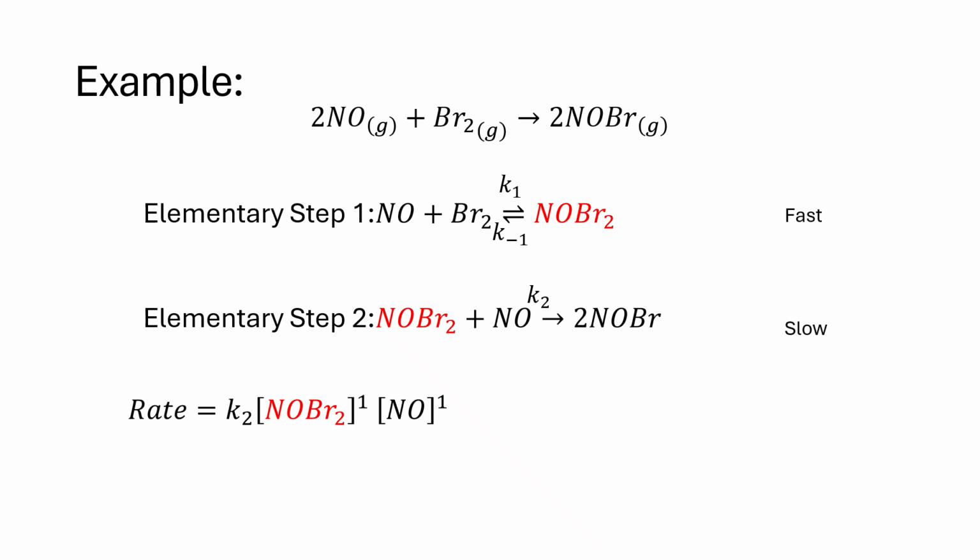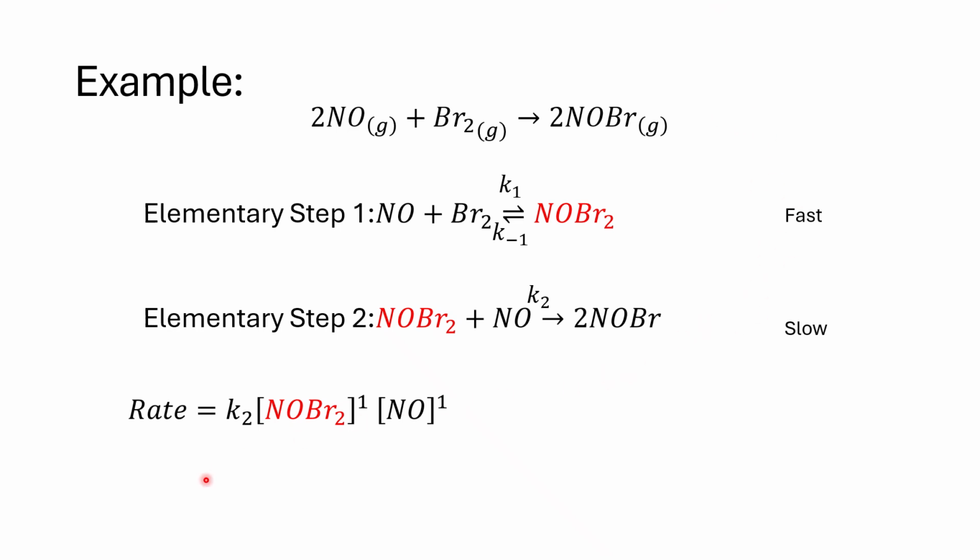For example, in the reaction between nitrogen monoxide and bromine gas, the elementary step 1 proposed is as given here, and the elementary step 2 proposed is this one, and step 2 is much slower compared to step 1. So from elementary step 2, because it is the slowest step, it is the rate determining step for the whole reaction.